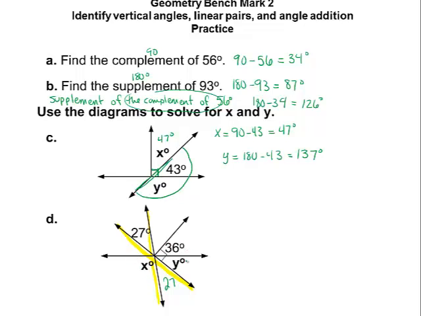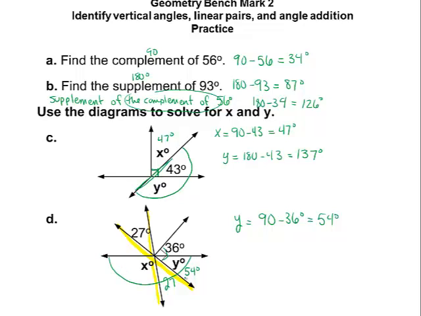And here's why. Y I can find using the 90 degrees right here. So that's going to be 54. So that's 54 right there. X has a vertical angle, but it's this vertical angle right here, so that doesn't help me. But if I look, these three angles together make this straight line. Do you see that?